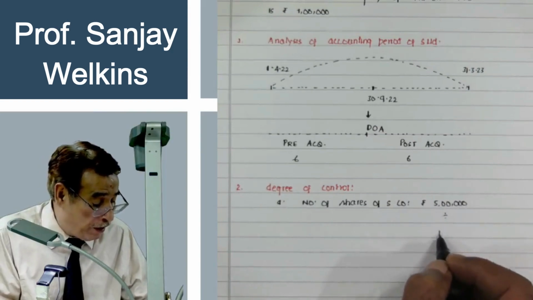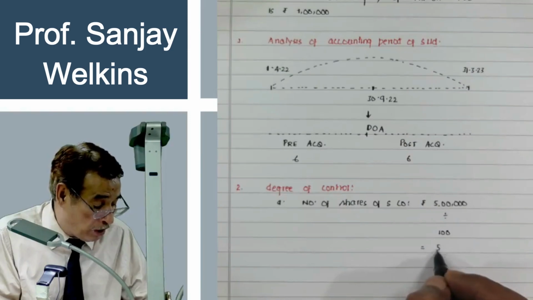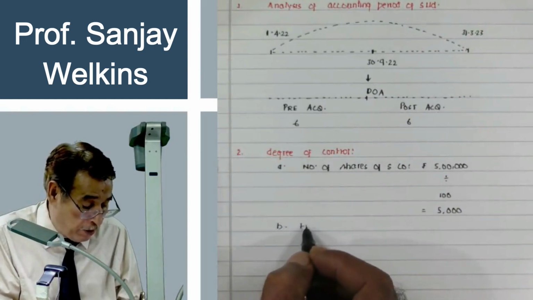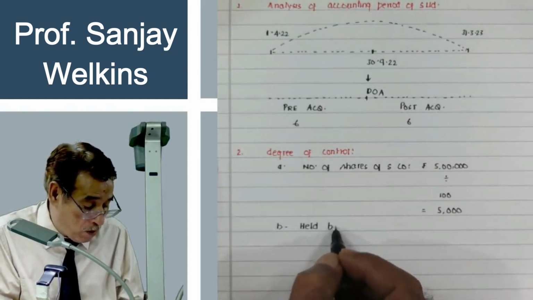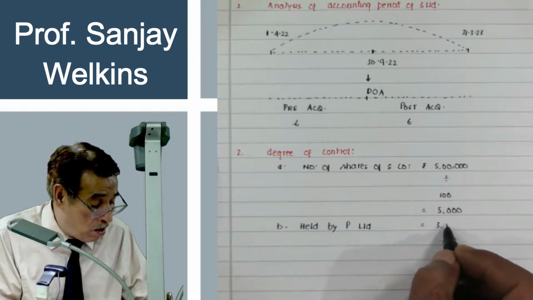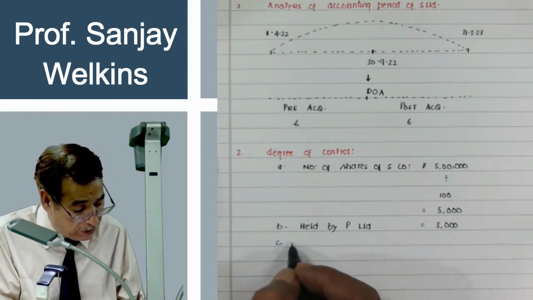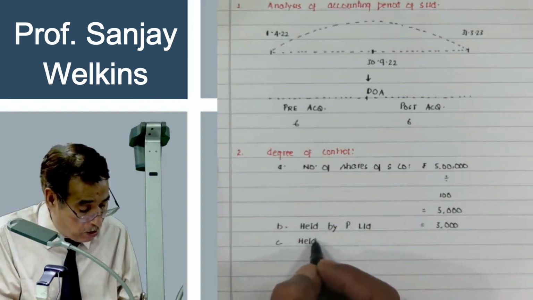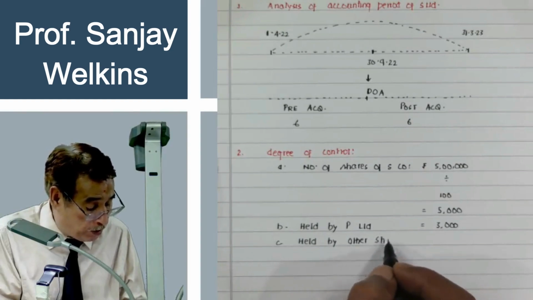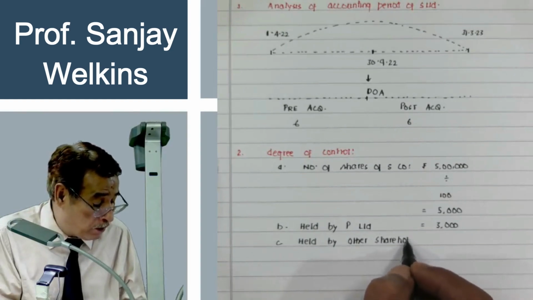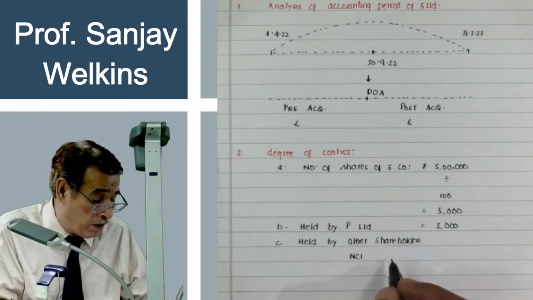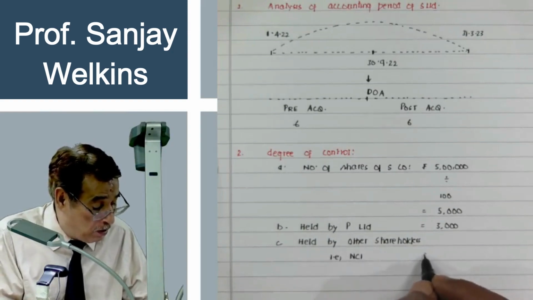One share is of 100 each, so the number of shares is 5,000. Out of this 5,000, 3,000 shares are held by P Limited. The shares which are not held by us are held by other shareholders, known as non-controlling interest holders: 2,000.